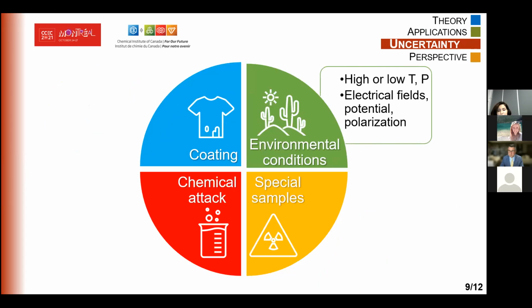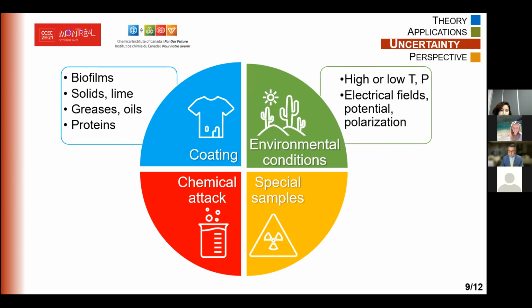Aside from environmental conditions like temperature, pressure, and electrical fields, there are also chemicals in the samples that might cause error. For example, biofilms, greases, proteins, and solids might create a coating that prevents efficient contact between the electrode and the solution. So this may cause error.